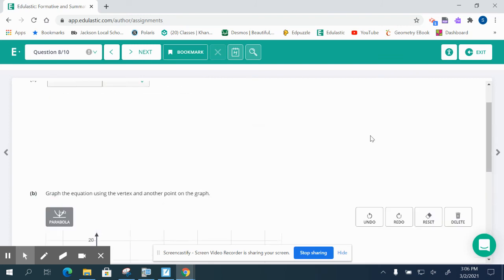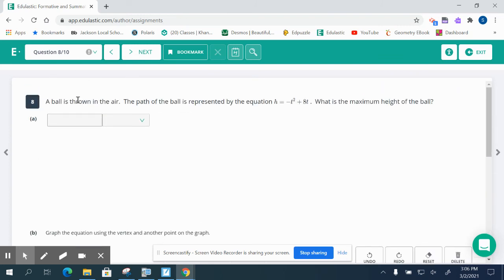Question 8. So for this one, the ball is thrown into the air. The path of the ball is represented by that equation. What is the maximum height of the ball? So we need to find the axis of symmetry, plug it in to get the height. So here we're saying t equals negative b over 2a, so that would be negative 8 over 2 times a, which is negative 1.